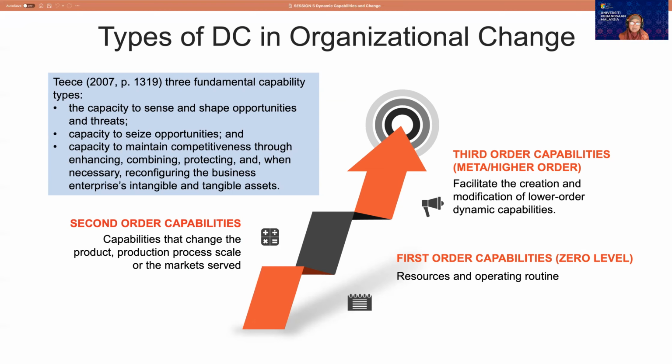However, when more rapid changes come into the picture, you might need to go into a higher level of capabilities, which is third order capabilities, whereby you need to create new capabilities and also modify the capabilities that you have, meaning the lower order dynamic capabilities, in order for you to adapt and also to be able to seize the opportunity presented by the changes in the external environment.